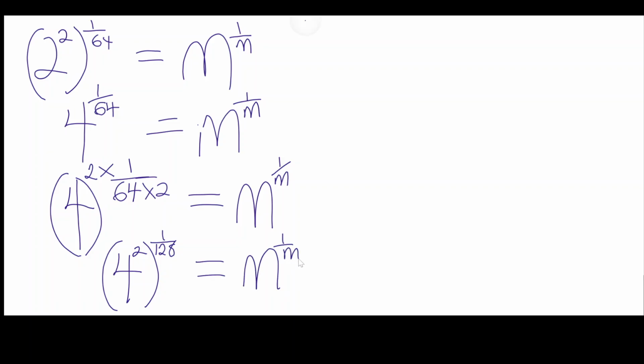Then I'm going to progress again. I'll be having 4 to the power of 2 is 16, sorry about that, 16. So I have 16 to the power of 1 over 128 equals m to the power of 1 over m. So since I have this, I'm going to be repeating the same procedure as I did earlier.